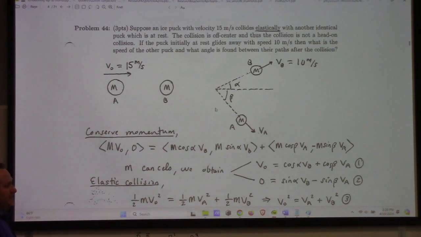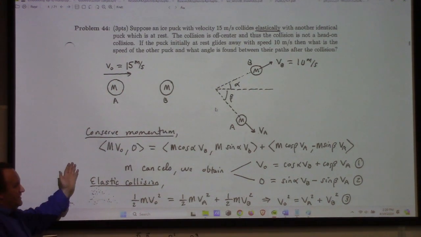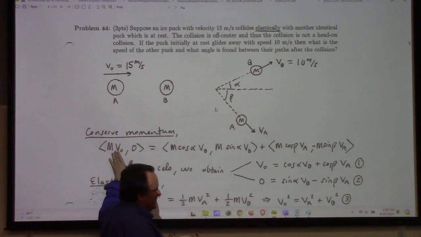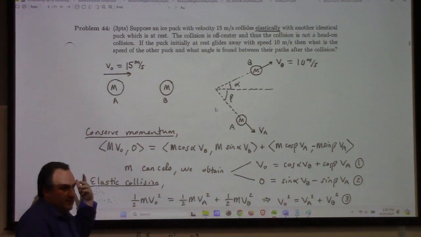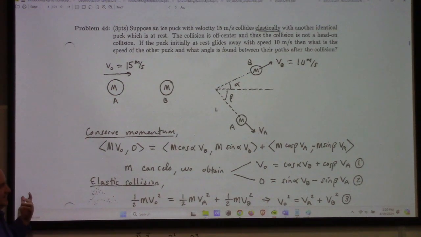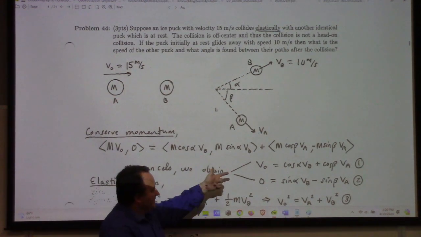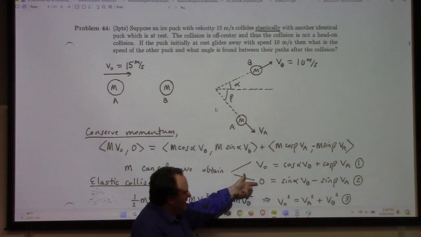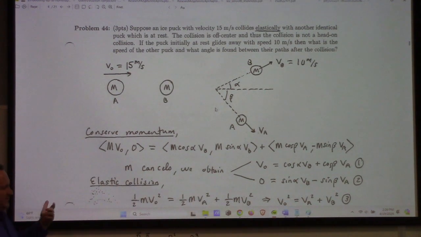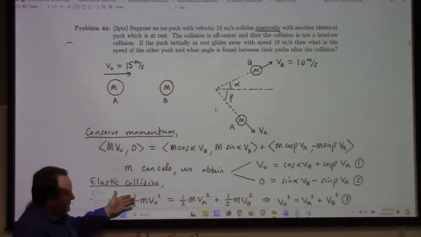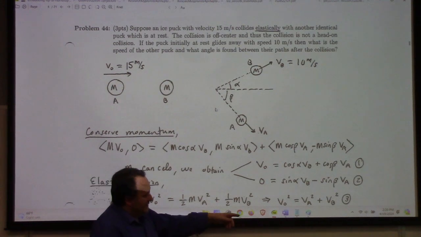But if the masses are equal, it's super nice, because when you write down conservation of momentum, the masses are gone, you know? And then from the x equation, I have this. From the conservation of y momentum, I've got that. From conservation of kinetic energy, because it's assumed to be elastic, I have this. But I divide by half the mass, and I got V naught squared is a squared plus b squared.